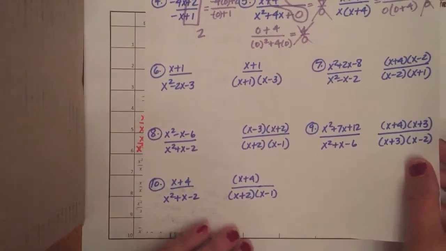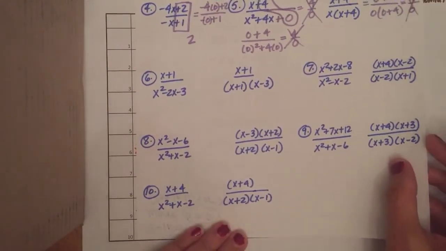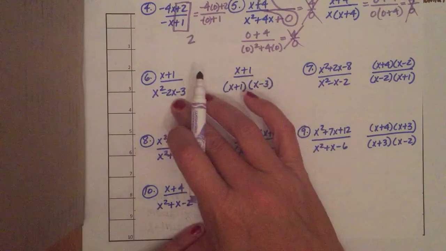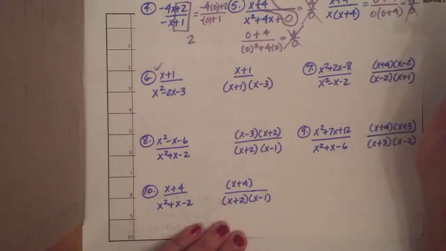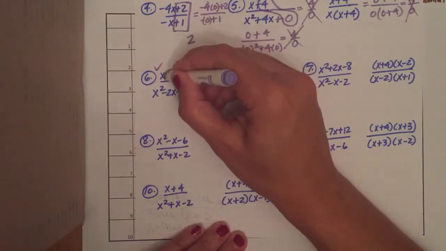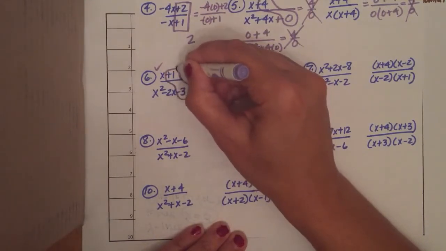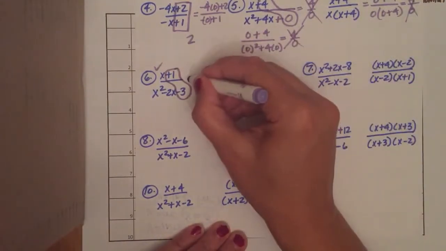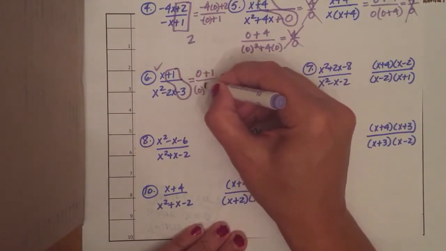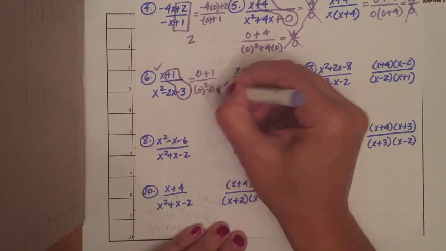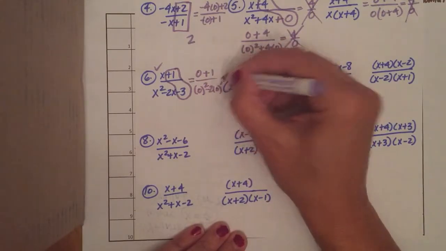So let's look at number 6. I've got number 6 here in factored form, and I've got number 6 in expanded. Remember, expanded is the one that we want because I'm looking for the last two constants. Remember, this would be the same thing as if I plugged in 0. Sorry about running out of room here.